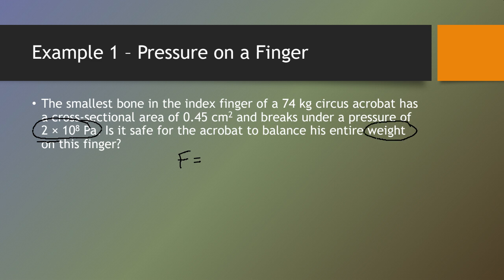And so that's M times G, which is 74 kilograms times 9.8 meters per second squared. And that gives us a force of 725.2 newtons.